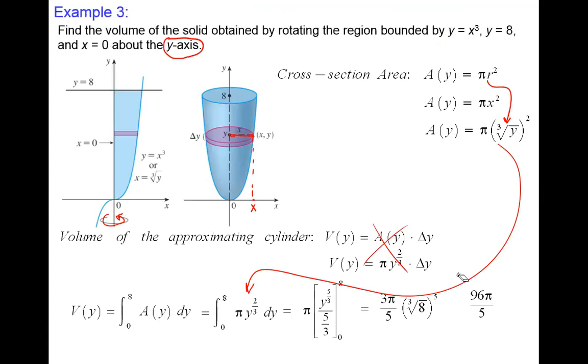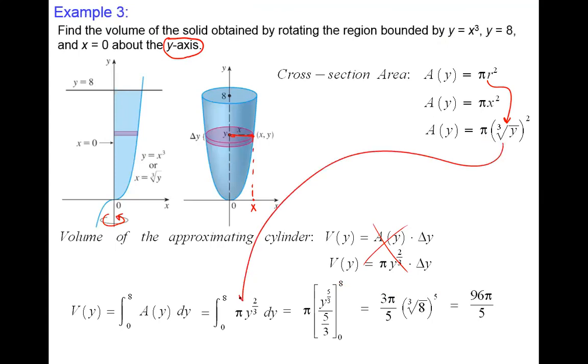Let me write it a little bit differently. You can leave it like that. Don't worry about the values. We know cube root of 8, but it's fine. I will be happy with this answer. But the point is on this slide, integration with respect to y.